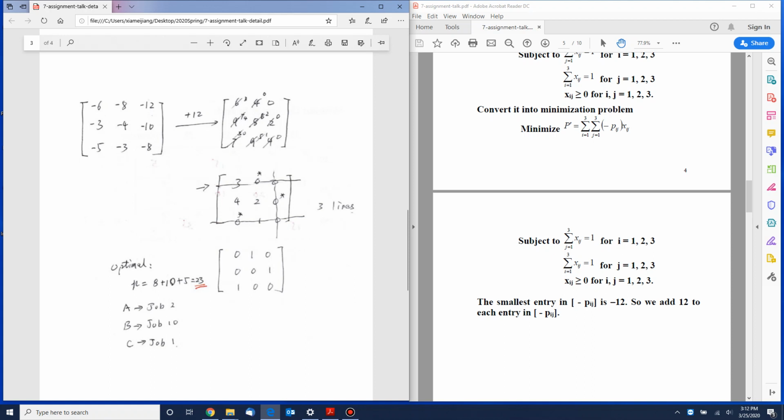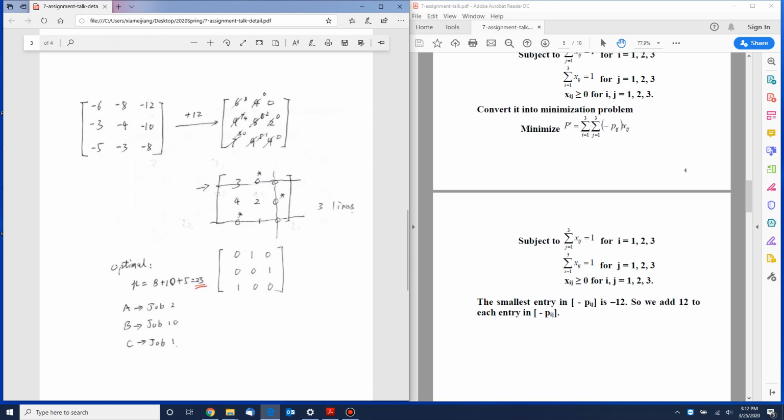You have to assign the star to entry 1, 2. Once you assign 1, 2, then on the second row you can give a star to the 0 at entry 2, 3, and then entry 3, 1 gets a star.